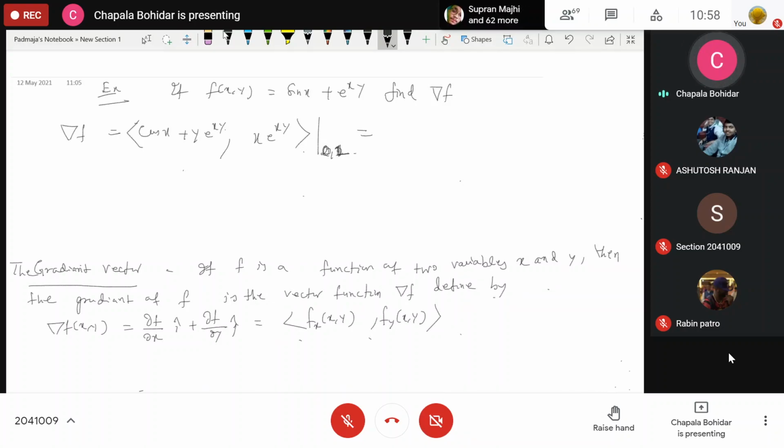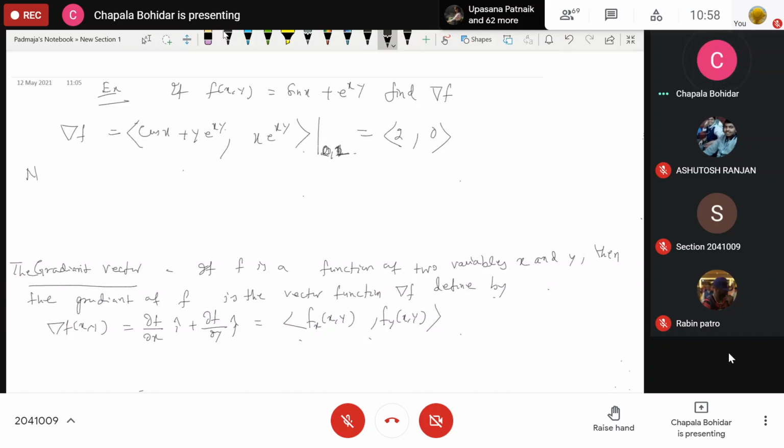Here x is equal to 0, y is equal to 1, so the first component is 1 plus 1, which is 2, and the second, with x equal to 0, is 0. Clear?